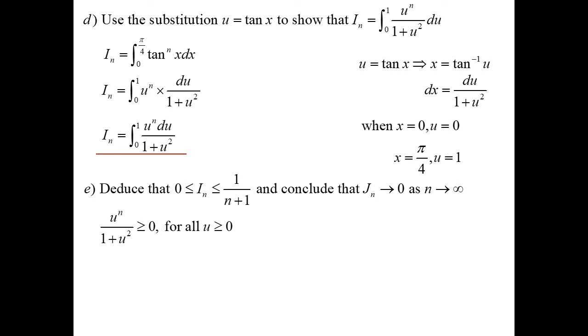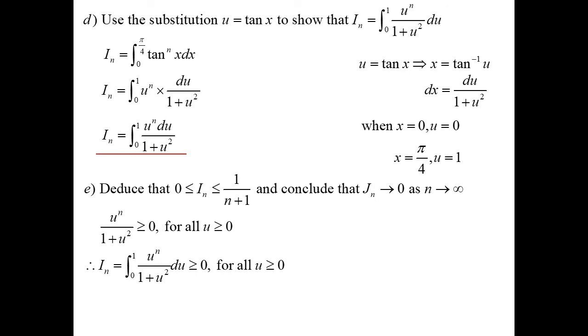I'm never going to get a negative out of that. So our integral then, the curve's always above the x-axis, so therefore the integral is always positive. There's the first part of my proof. The left-hand side here is quite straightforward to prove. Basically we're just saying this curve is always above the x-axis, therefore its integral has to be positive. So we know In is always greater than or equal to 0.